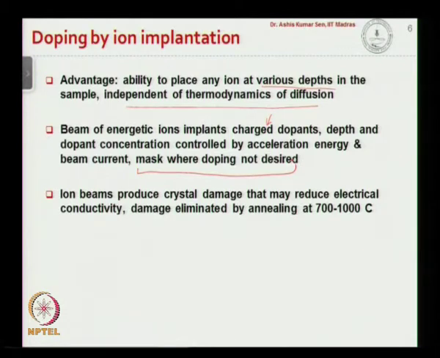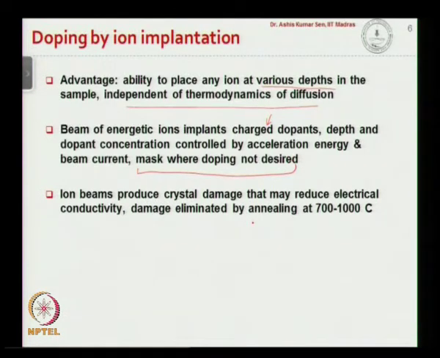Okay. The one downside of ion implantation is that since we are talking about highly energetic ions, that would create crystal damage in the wafer. So we are using high energetic ions to dope a particular type of dopant at a particular depth, but they may create crystal damage, but it is possible to take care of the crystal damage by annealing.